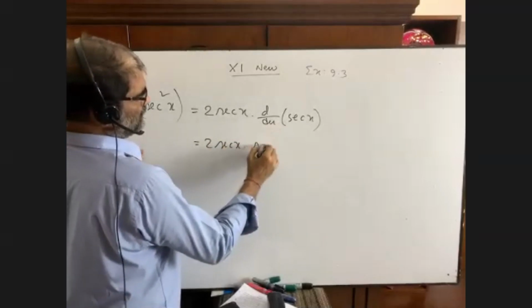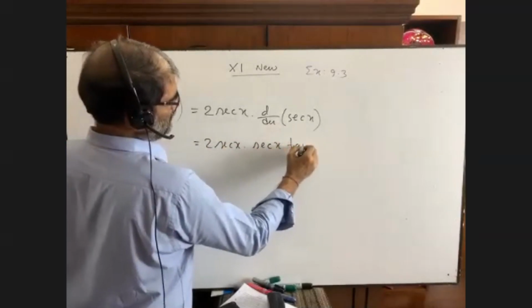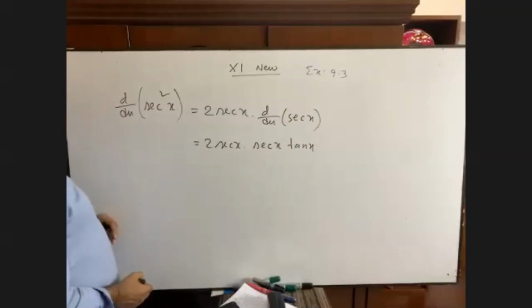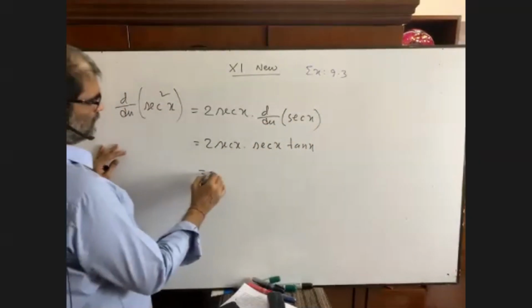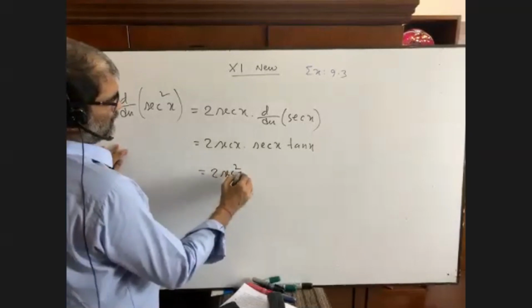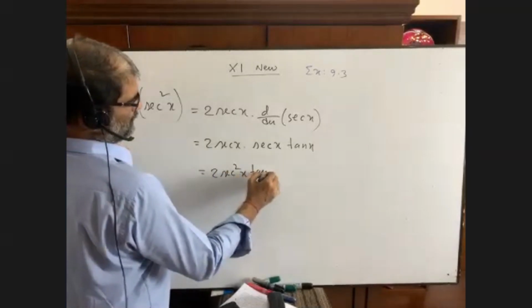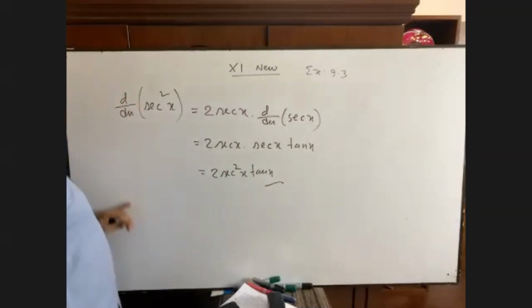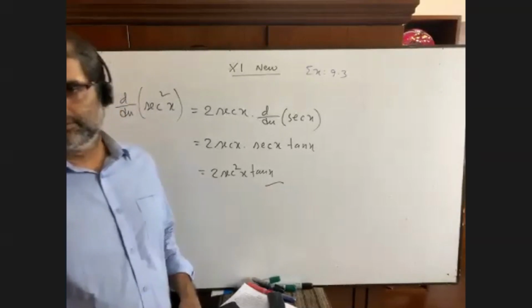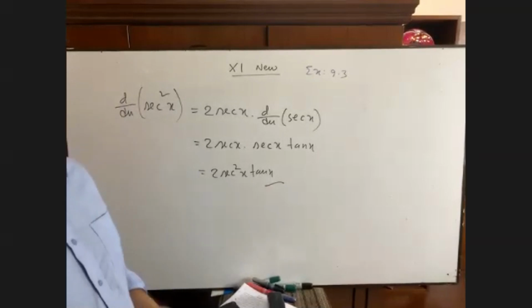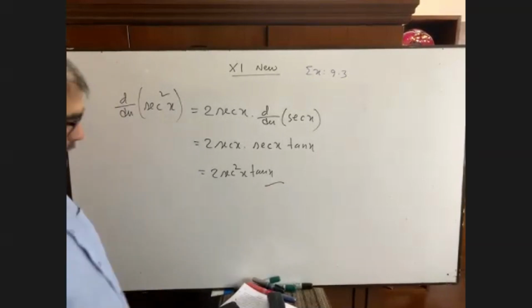Sec x equals what? Sec x tan x. That means 2 sec square x tan x. Is it okay to all? Talk to me. Yes, sir. Okay.